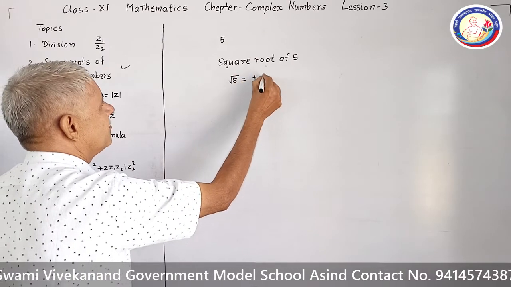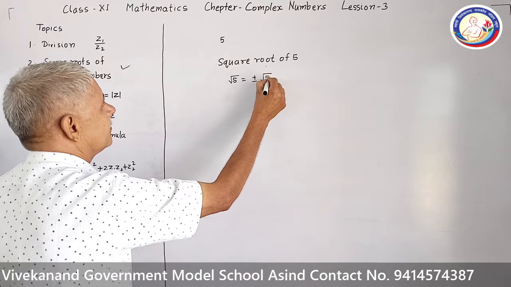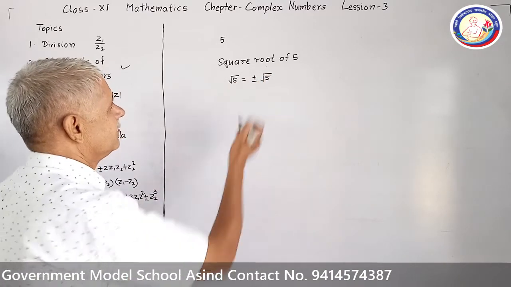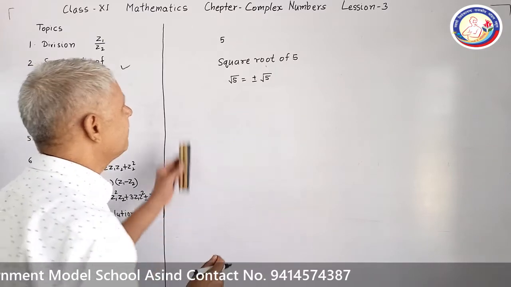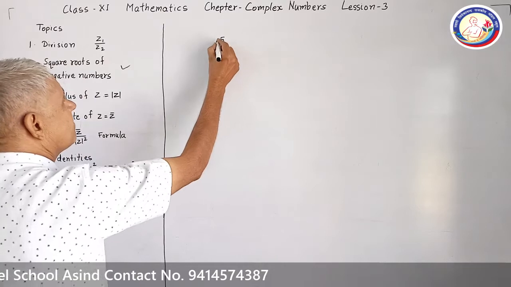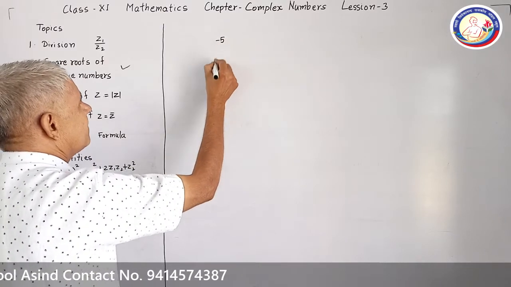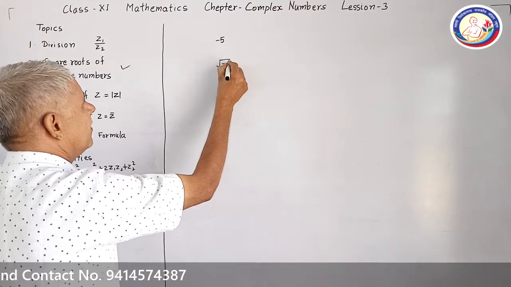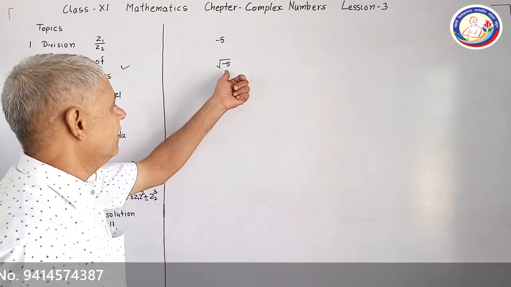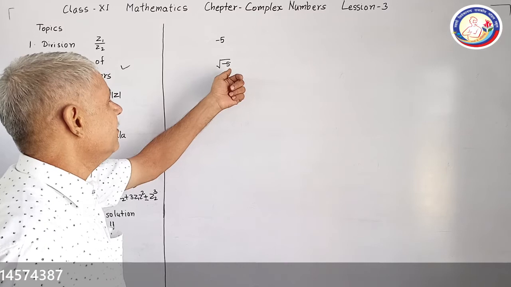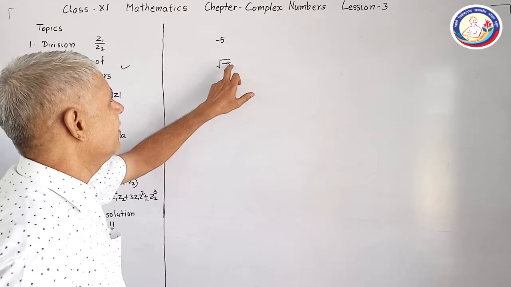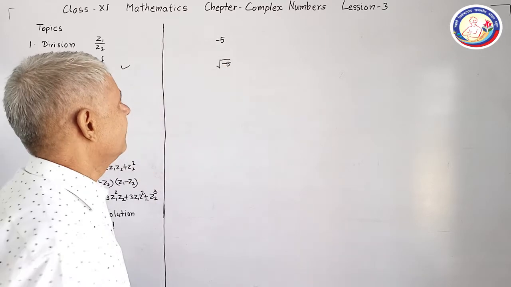And if we take minus 5, then for the square root of minus 5, we are not in a position to find any two numbers which on squaring give minus 5.